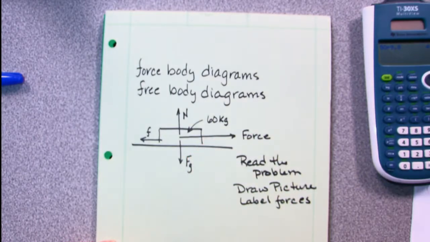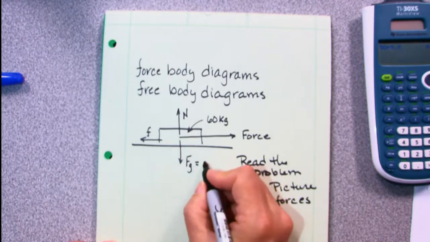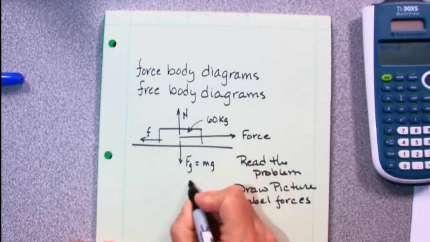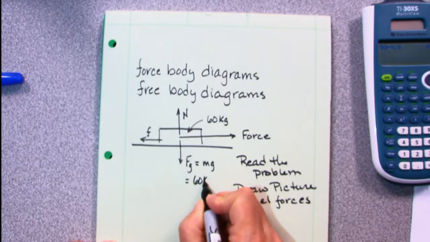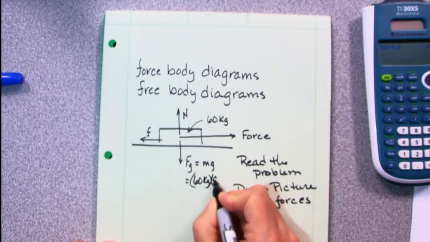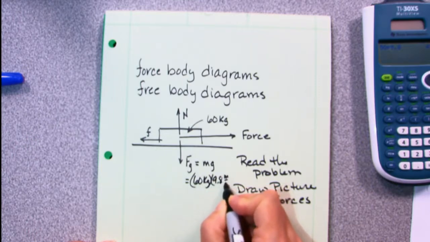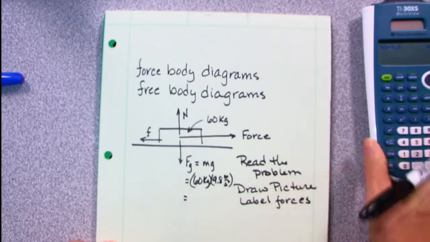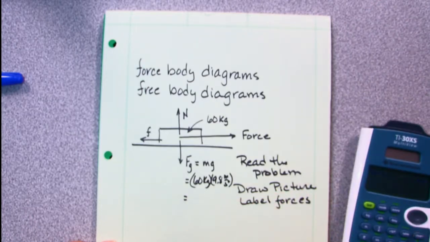Okay? So if I want to do that, my force due to gravity is going to be mg. So I'm going to put in my 60 kilograms times my 9.8 meters per second squared. That's going to give me 588 newtons.